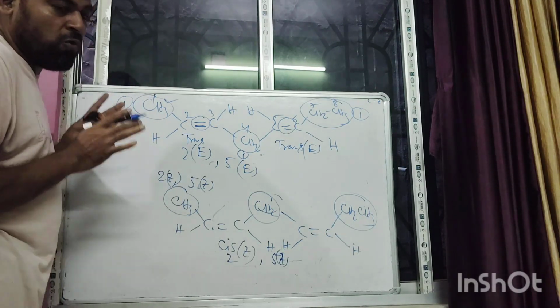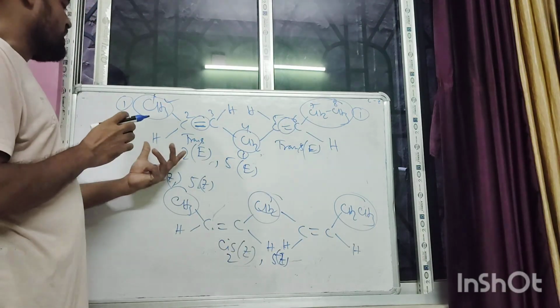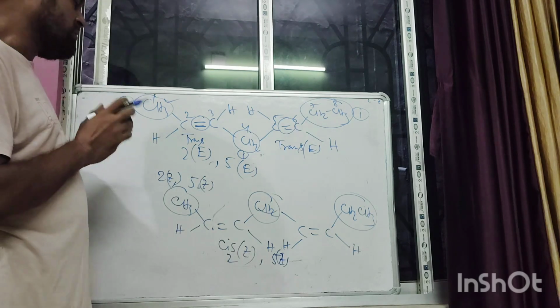So there are 4 geometrical isomers present in the case where the terminals are different and the number of double bonds is even.